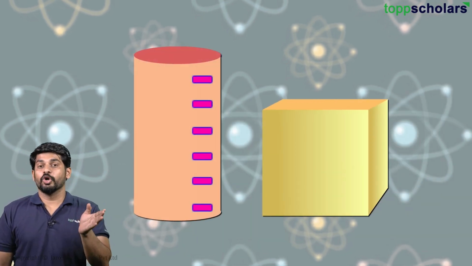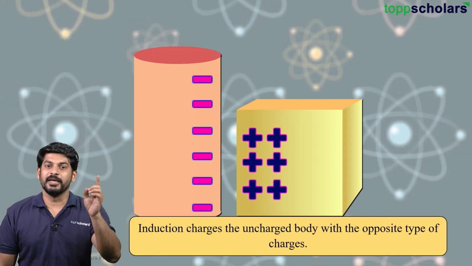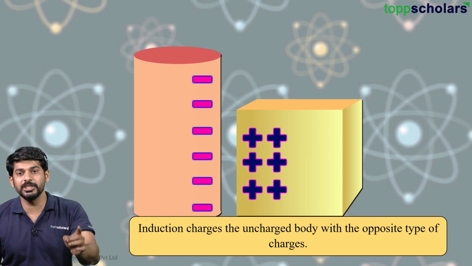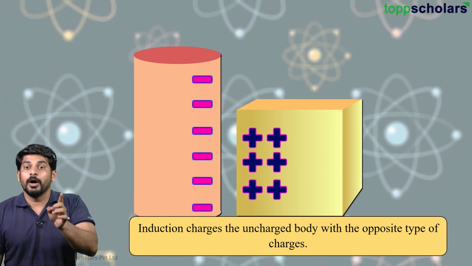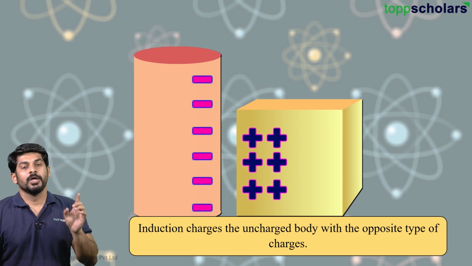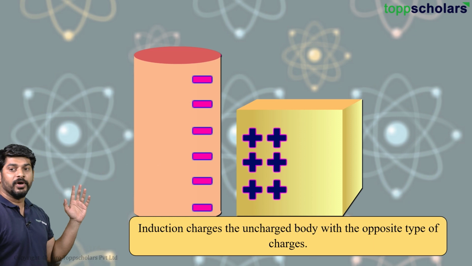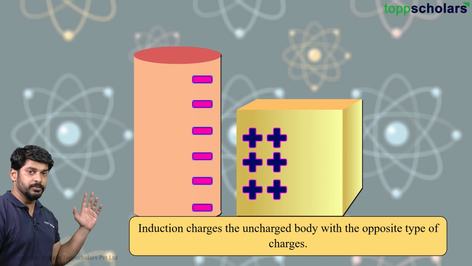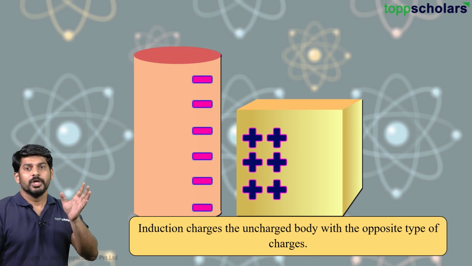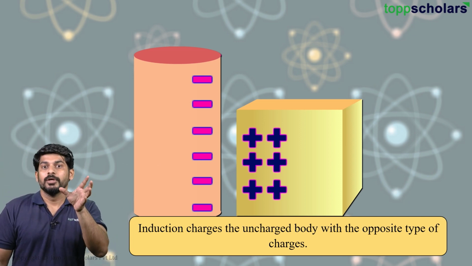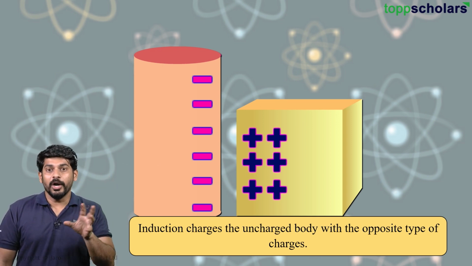Now let's talk about the next way in which we can charge an object, and it is induction. Induction charges the uncharged body with the opposite type of charges. Initially we have one negatively charged object, and we have brought another neutral object in close vicinity of it.